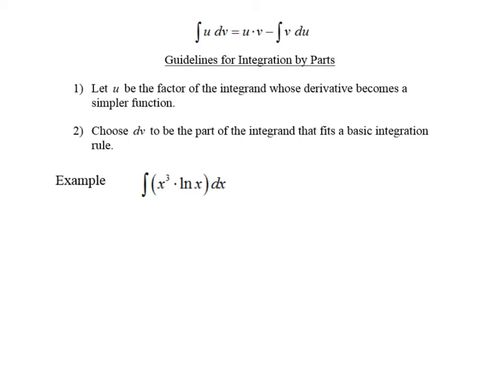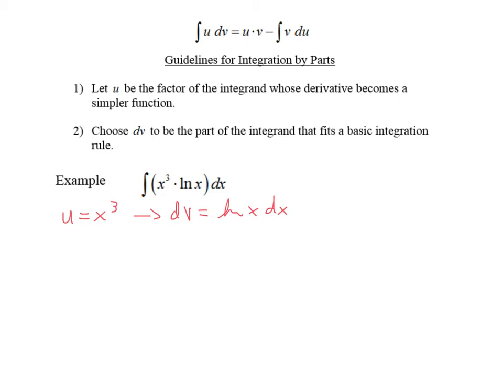Now, according to the guidelines, we should probably let u equal x cubed, because of course if we take its derivative, we'll get something simpler. But that would mean dv is going to end up equaling the natural log of x dx.